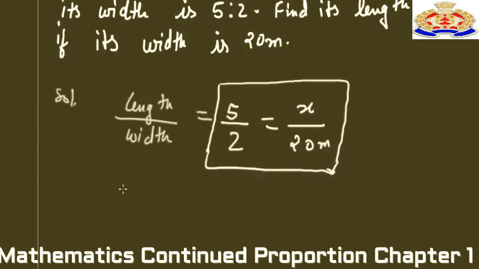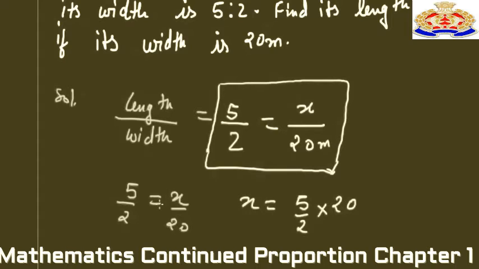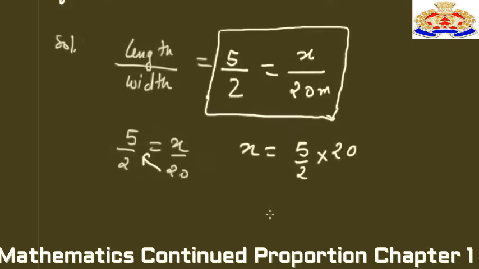Now we can simplify it. 5 upon 2 is equal to x upon 20 will give x is equal to 5 upon 2 into 20. What I have done, I have taken 20 on the other side since it is getting divided by x. So when I take it on the opposite side of the equals to, it will get multiplied by 5/2.